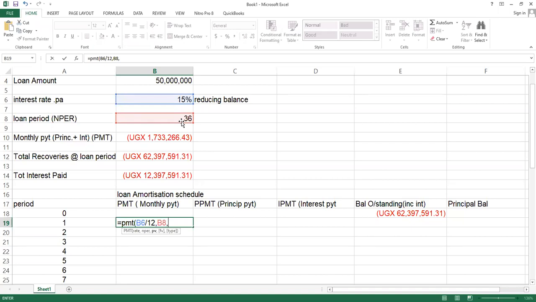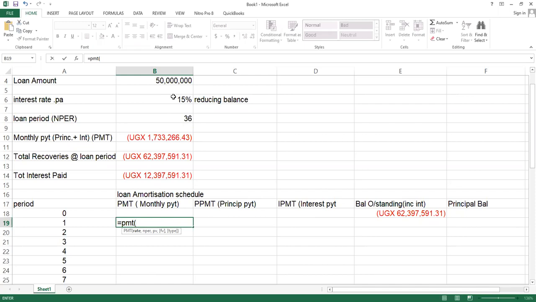For me, what I'm asking, why are we having 12 and at the same time 36? Which one? In the formula. I have divided. You see this 12. If I can go back. You see the first variable is the rate. And the rate is 15%. But I've said that this 15% is per annum. And remember, I am making a monthly payment.